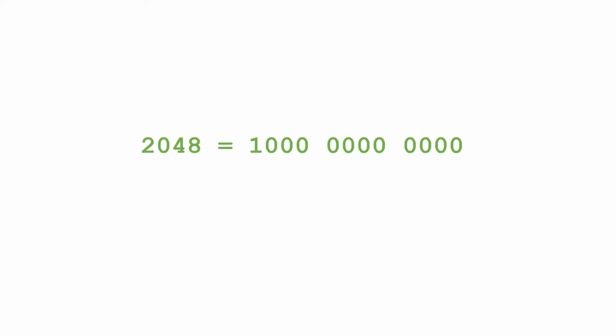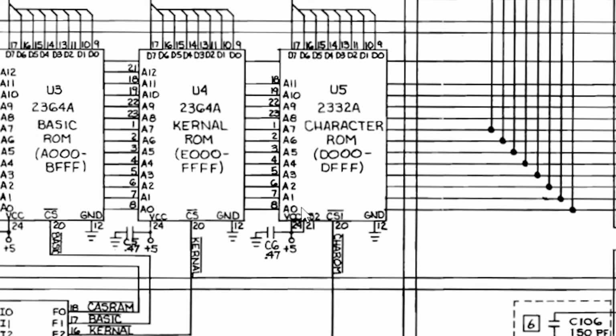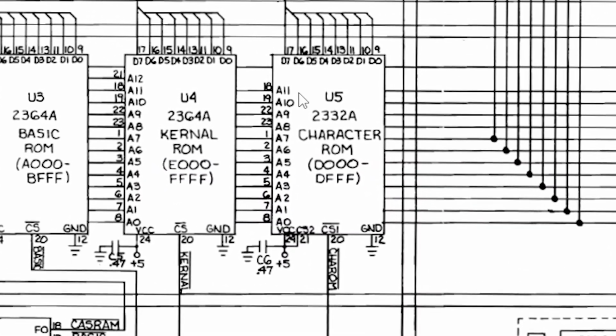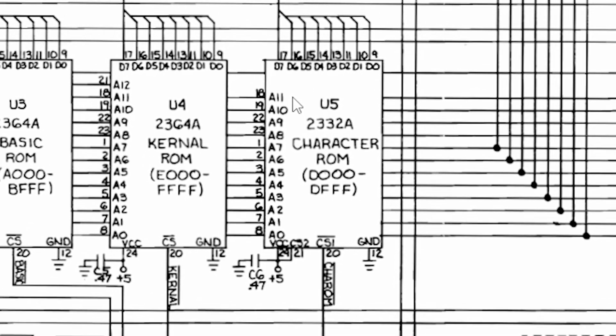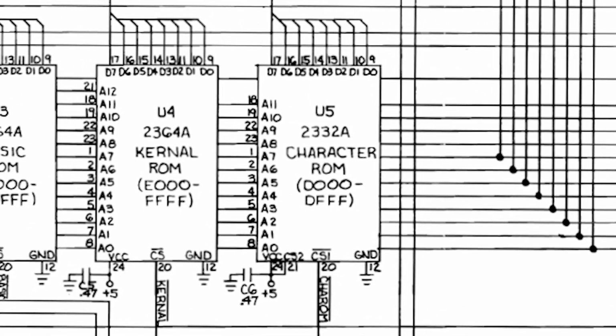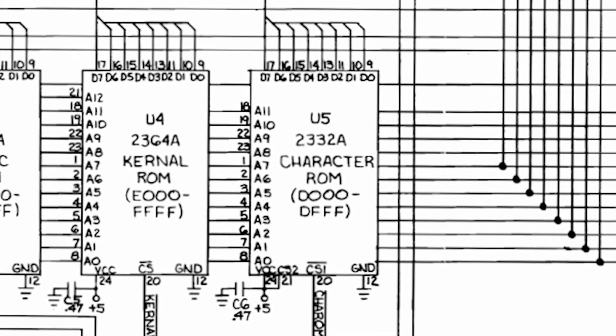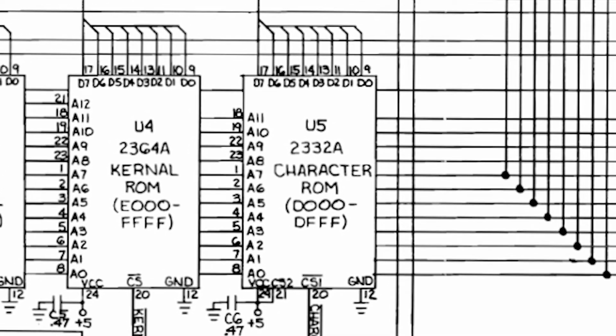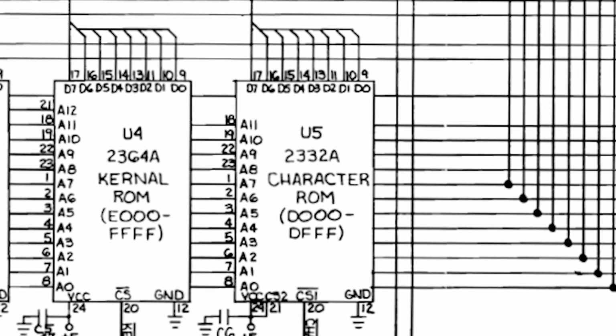Now, 2 kilobytes, or 2048 bytes, is a number that can be represented by a 12-bit binary number. If we take a look at the character ROM pinout, you can see that the ROM itself has 12 address pins from 0 to 11, which correspond to the 12-bit address the character ROM needs in order to select the whole range of characters it stores internally.